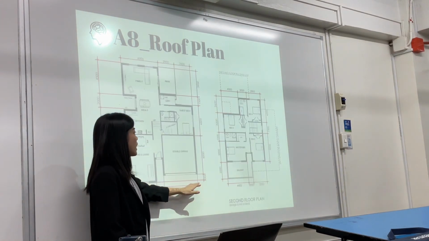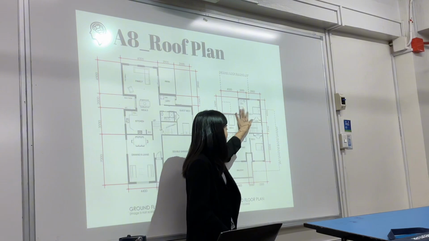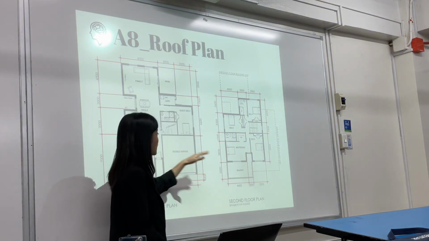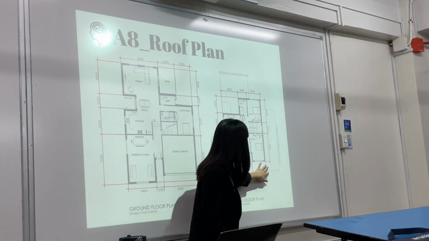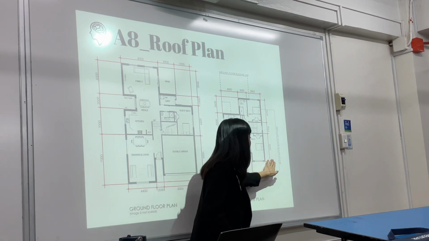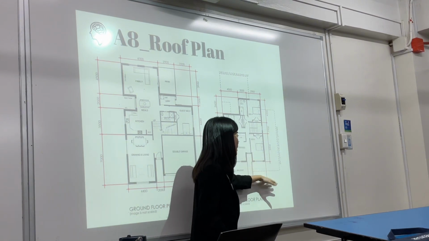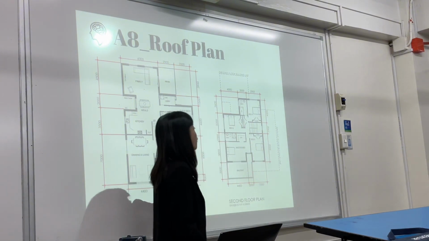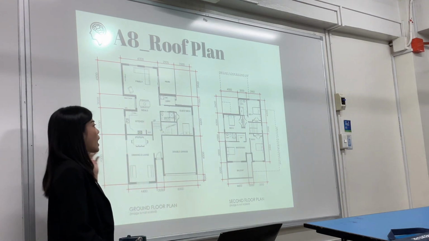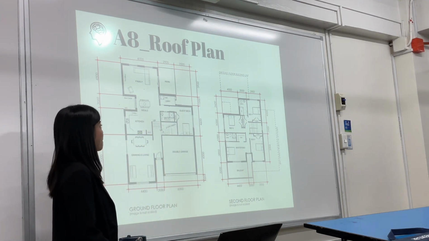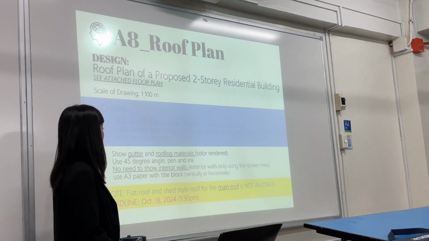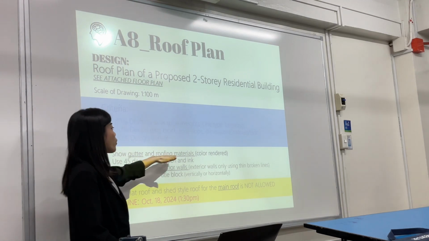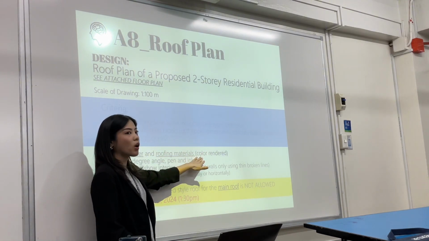Main roof, meaning the main roof is this one. On the ground floor, if you see this, this is the garage line. If you want a separate roof there, extend it and release it, it's up to you. You can do shed type or butterfly roof. But for the main roof, shed type and flat roof are not allowed. You can do gable or hip roof. Show the butter and roofing material, and it should be color rendered.